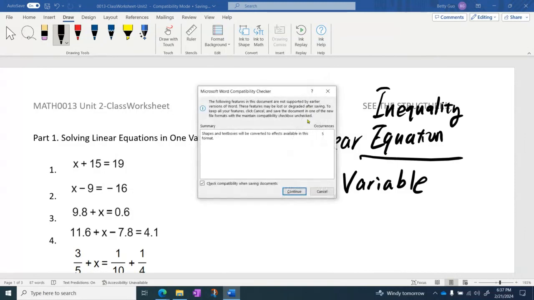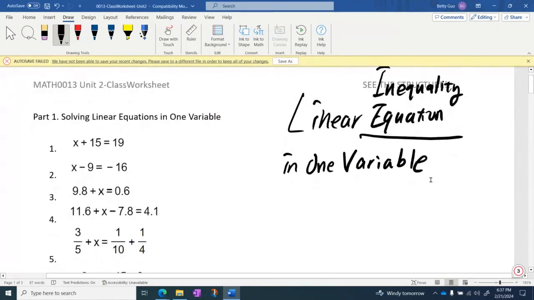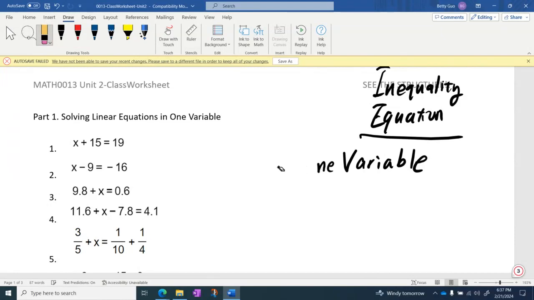We also have to deal with the application of linear equations in one variable and the application of linear inequalities in one variable. So mainly 2 things. The first thing, linear equations in one variable. Second thing, linear inequalities in one variable. Okay, let's jump into the first concept.